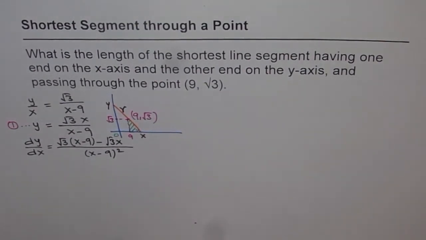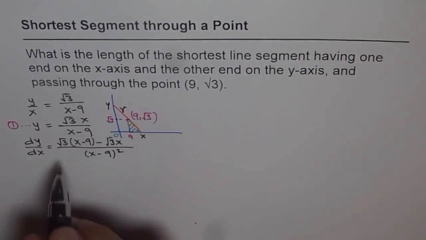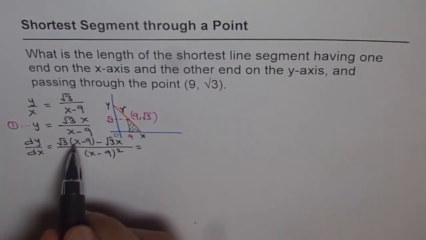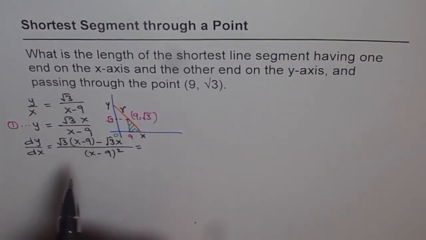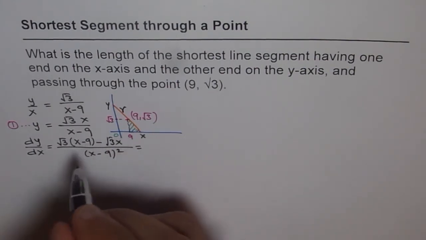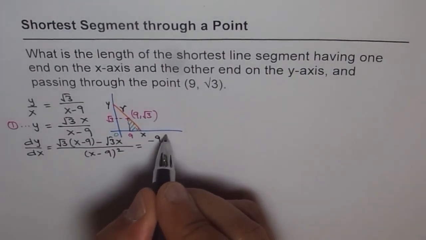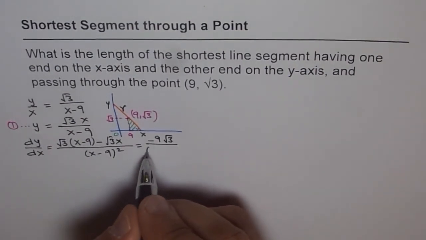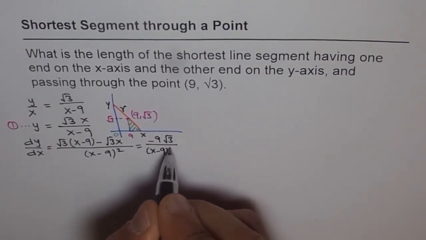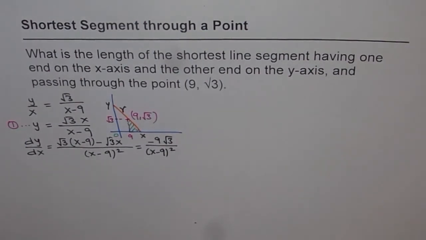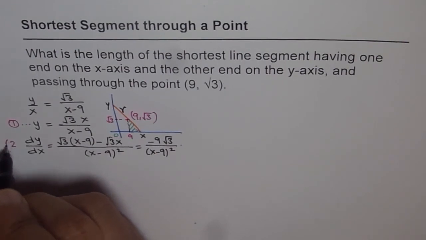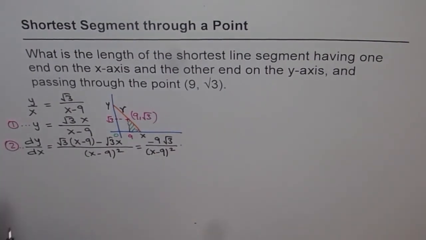That becomes our numerator. Now we can simplify at this stage: √3x and √3x cancel out. We get minus 9 times √3 in the numerator, divided by (x minus 9) whole squared. So that is dy/dx. Let me call this equation 2.